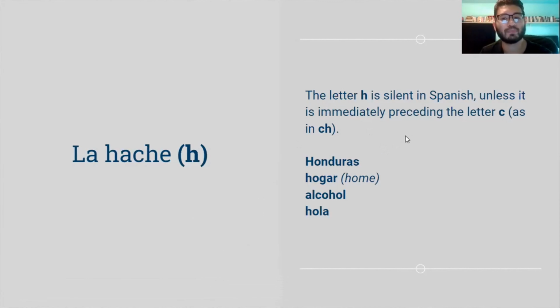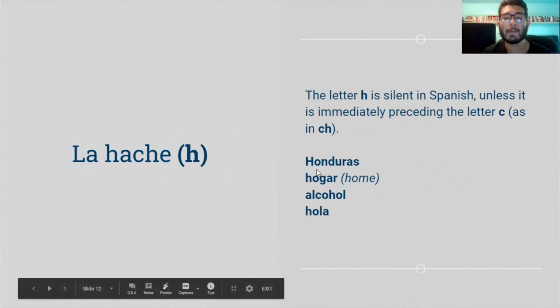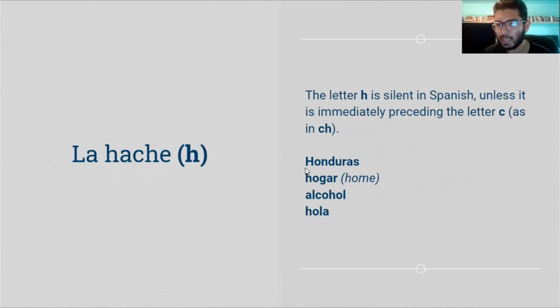For example, most of the time we will see the letter H as silent, as in Honduras. Again, another country that is spelled exactly the same way as in English, but with a different pronunciation. In English, we say Honduras. In Spanish, we say Honduras because the H is silent here. Same thing in the words hogar, alcohol, and hola.